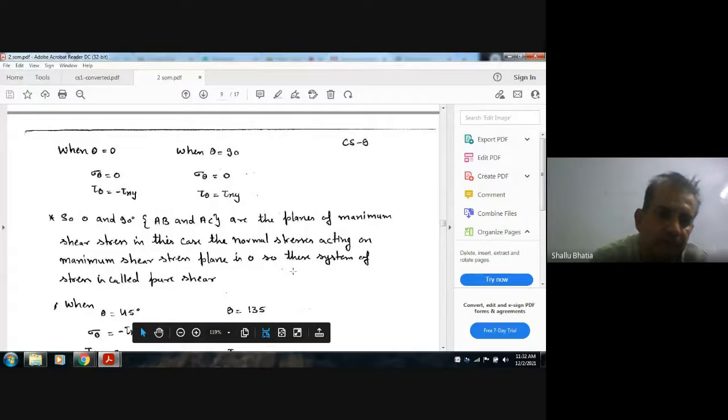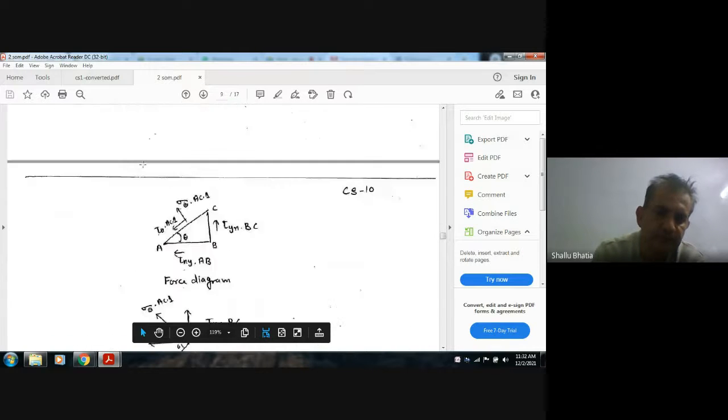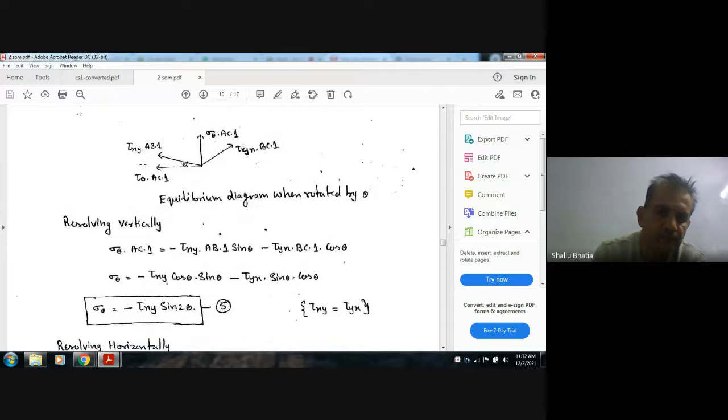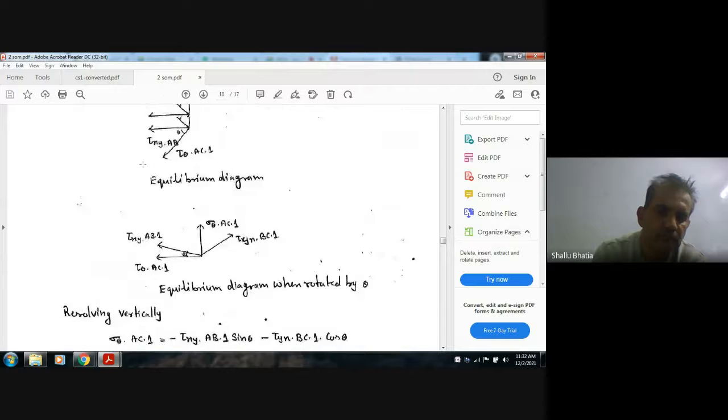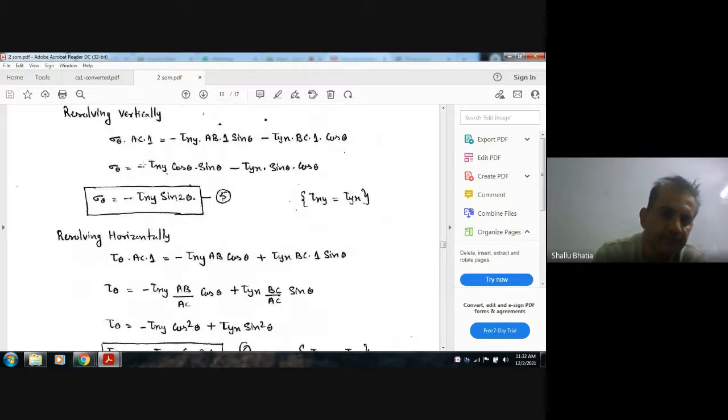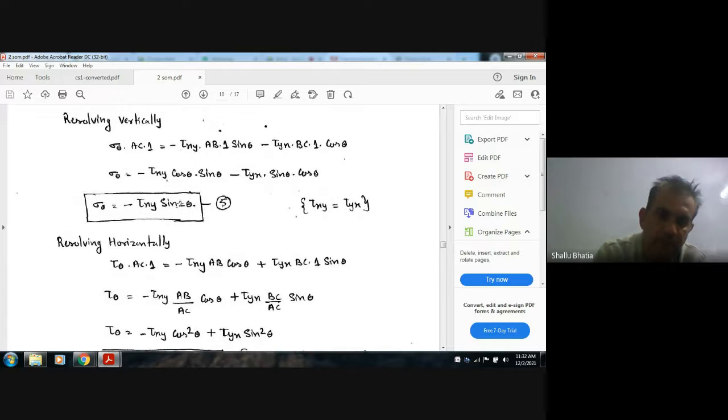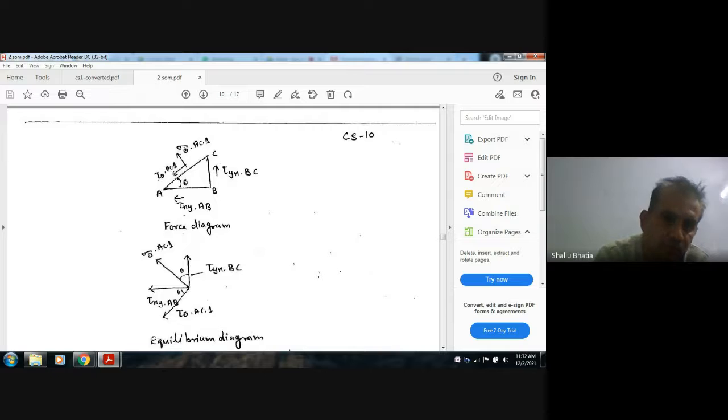Now if we put theta equal to 0, sigma theta is equal to 0, and it means there is no normal stress acting on plane AB.